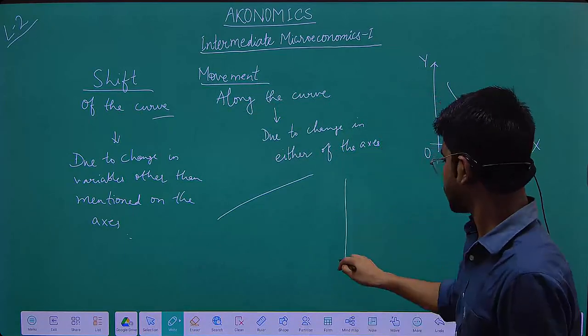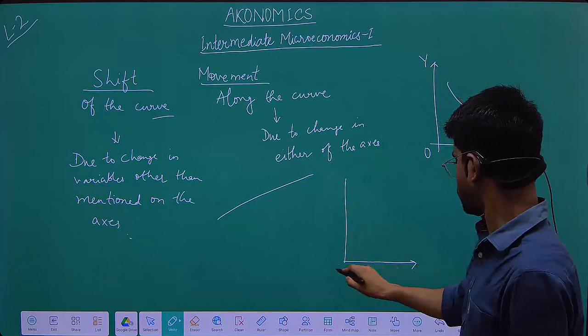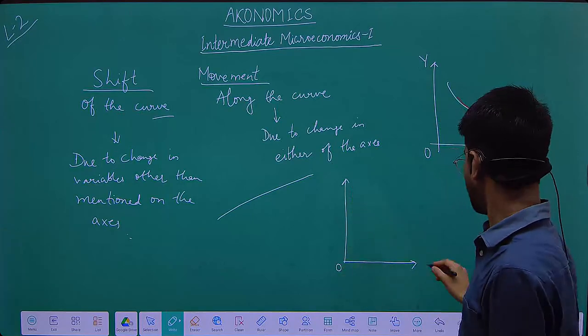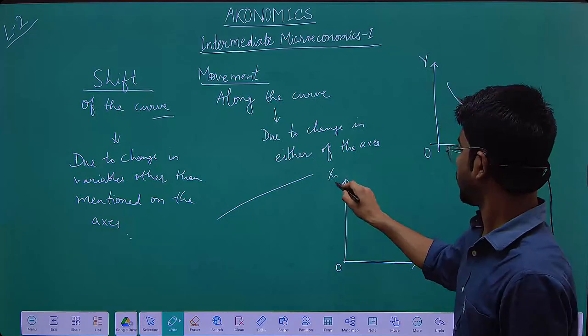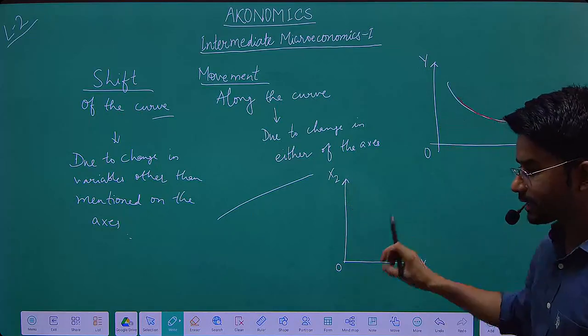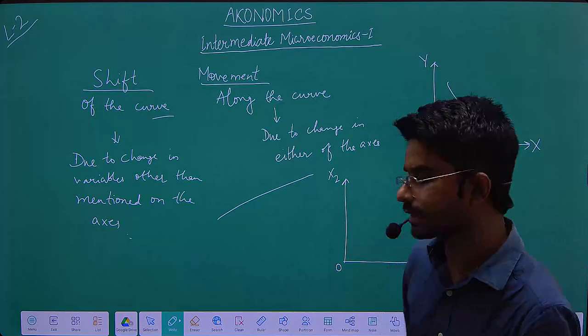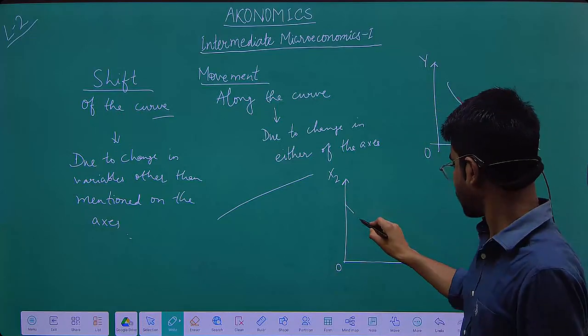Now suppose in the last class we were discussing a budget line and we had two goods x1 and x2. X1 was on your first axis and x2 was on your second axis, and you had some budget line like this.